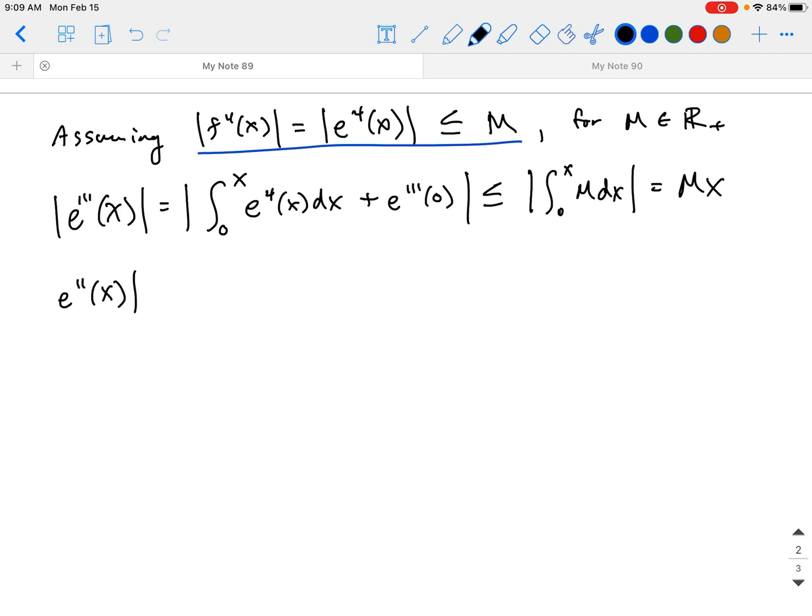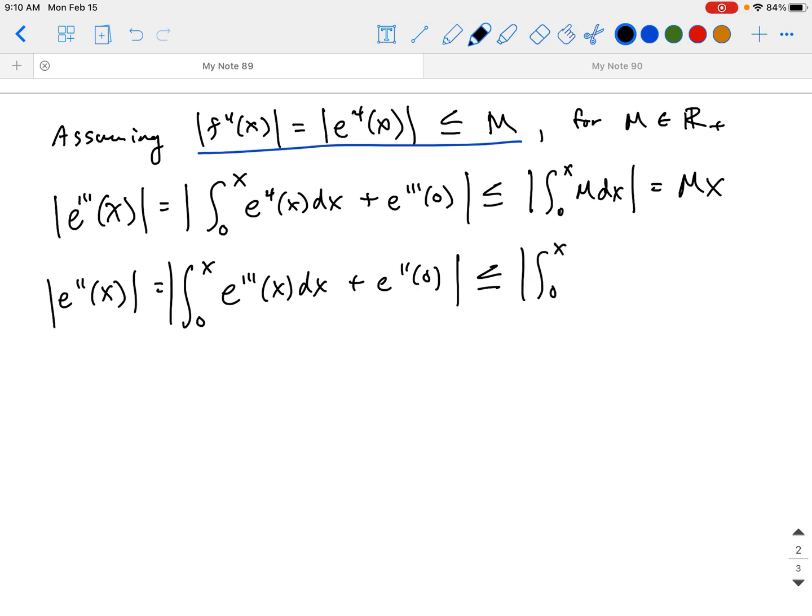All right, so then e double prime, we can construct the same way. This is going to be the integral of the third derivative of e plus e double prime of 0, all in absolute values. By the same construction, that is less than or equal to, by our work above, the absolute value of the integral of mx dx, which is equal to m over 2 x squared.